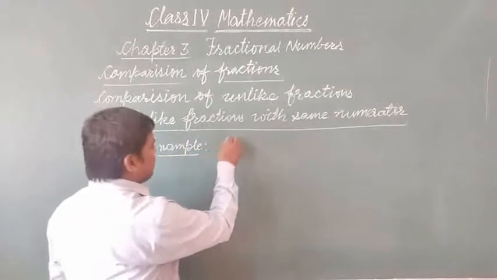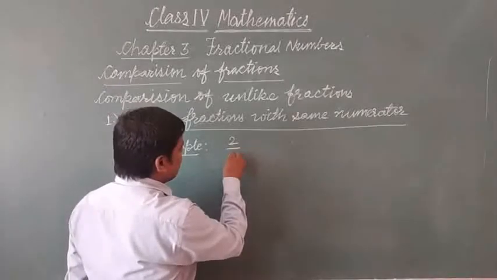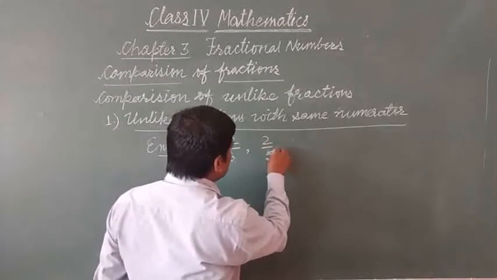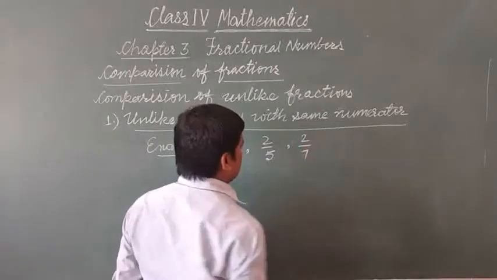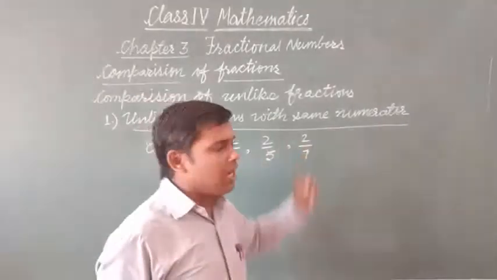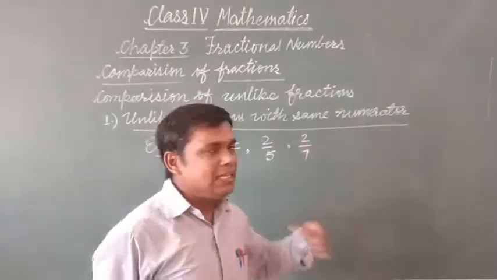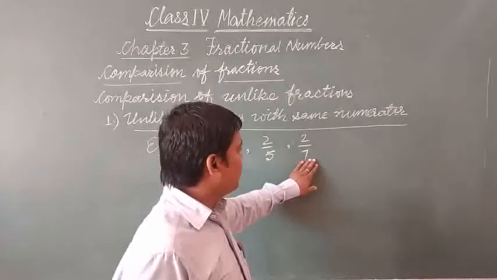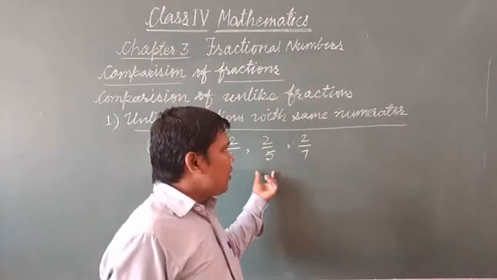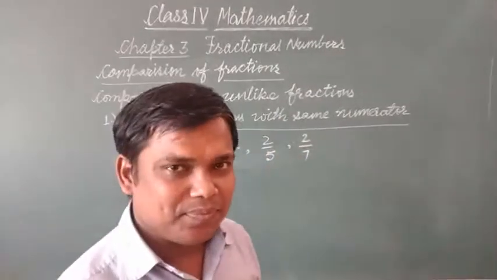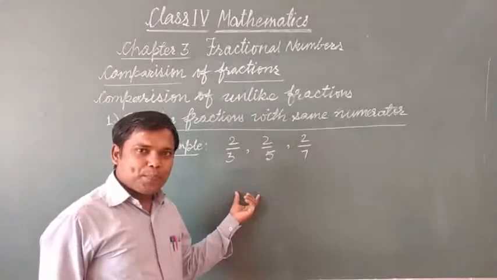Here I am taking examples 2 by 3, 2 by 5, 2 by 7. As you are seeing, in each case numerators are same and we are having different denominators. So in the case of unlike fractions having same numerator, how will we compare?